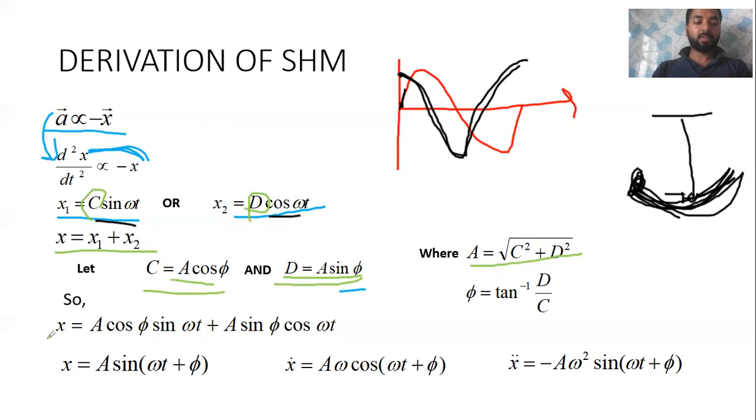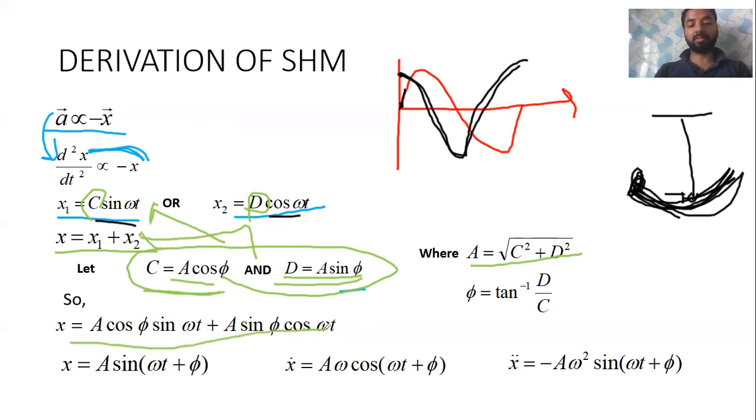Now, if I substitute this value in these equations, what will I get? X is equal to a cos phi sin omega t and a sin phi cos omega t.